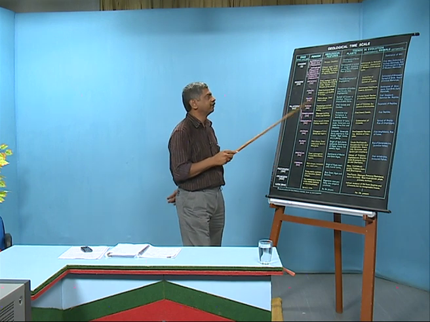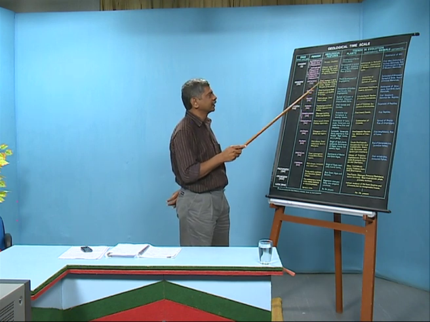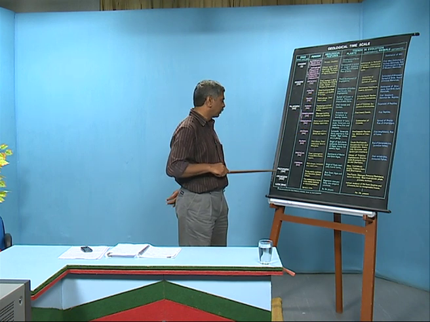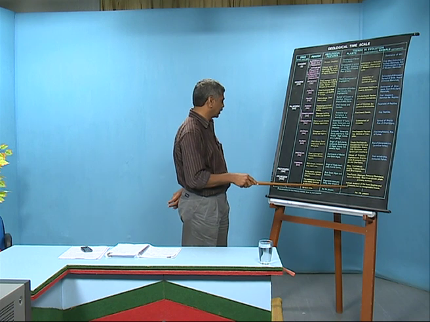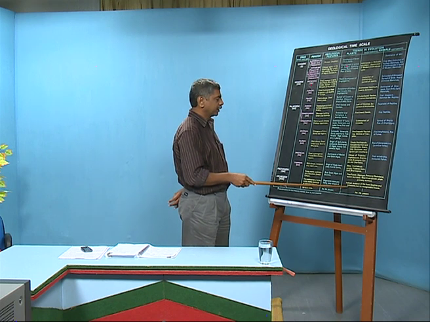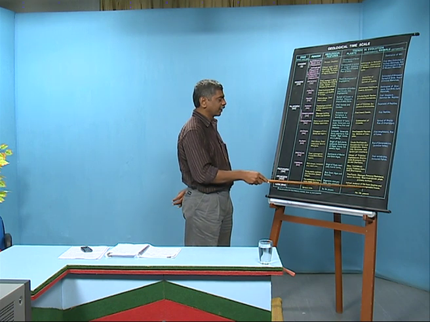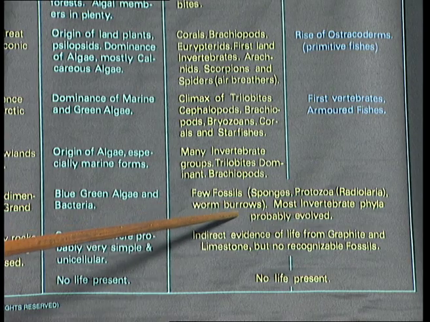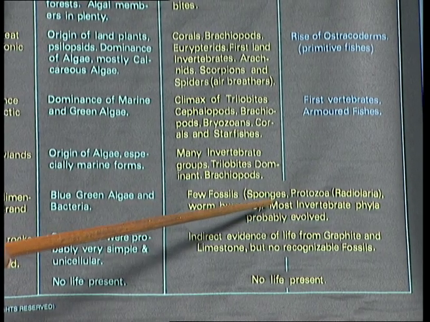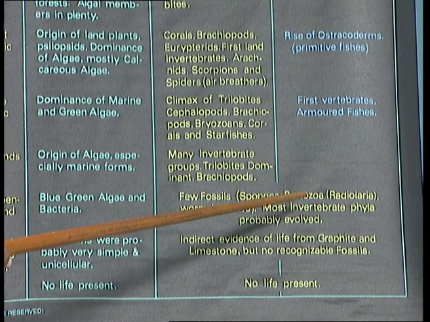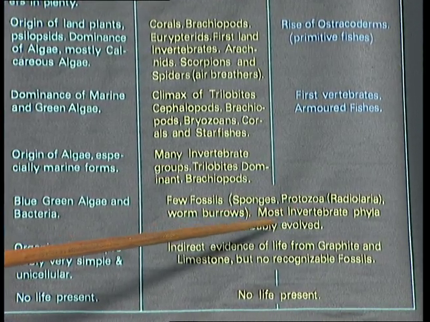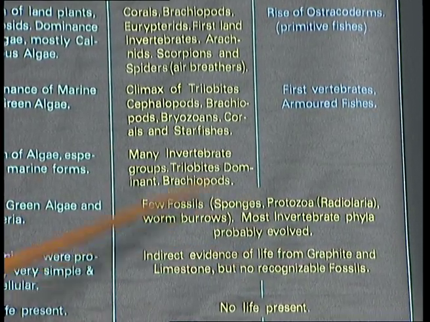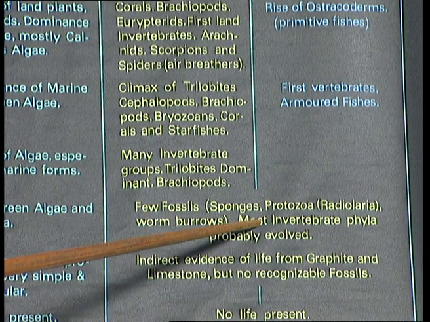In the same way, when we think of the invertebrate and vertebrate presence, during the Archaeozoic or Azoic period, there was indirect evidence of life from graphite and limestone, but no recognized fossils. Then a few fossils, sponges, protozoa, radiolaria, and most invertebrate phyla probably evolved during the Proterozoic period.